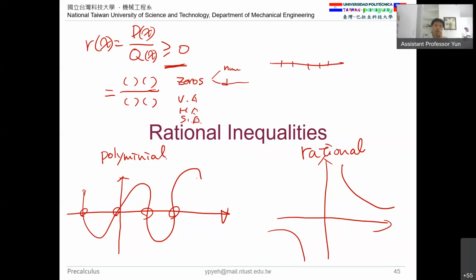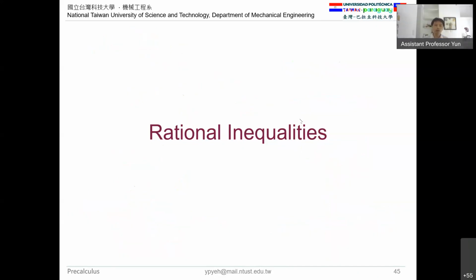Okay, and also we can use these tables to find each of these terms, whether they are positive or negative, and then find out the sign of the function r of x, where that is positive or negative here, and then to define the rational function inequality here. So I think that's quite similar to the polynomial inequality as well.